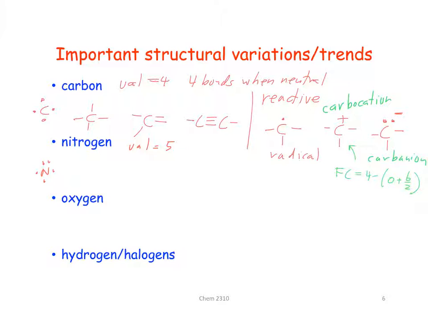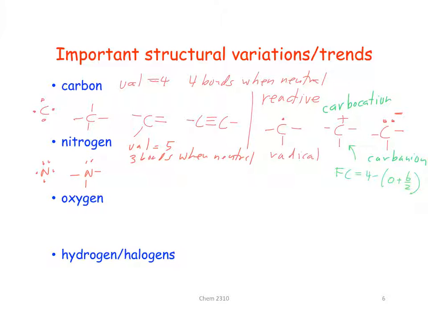It has 3 lone electrons, so it's going to make 3 bonds when neutral. So like carbon, nitrogen can have 3 single bonds and a non-bonding pair of electrons, and it would be neutral.